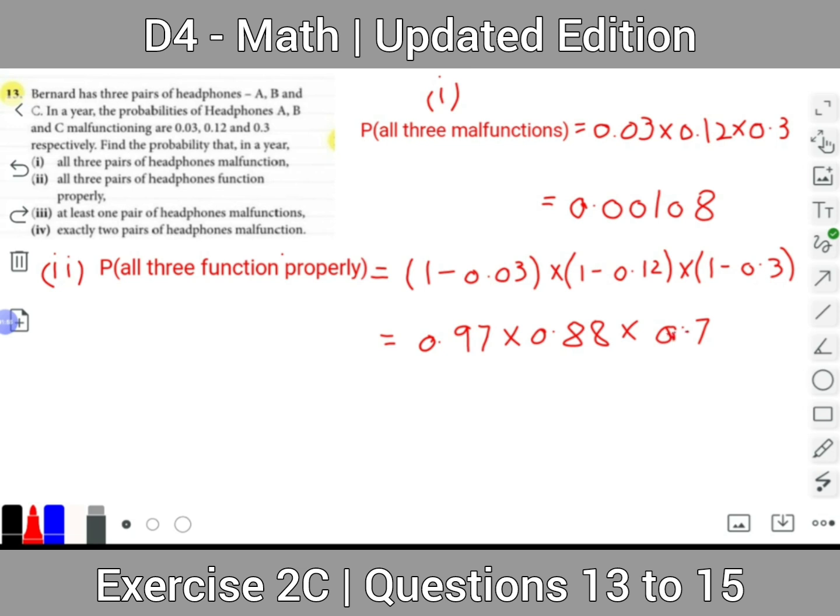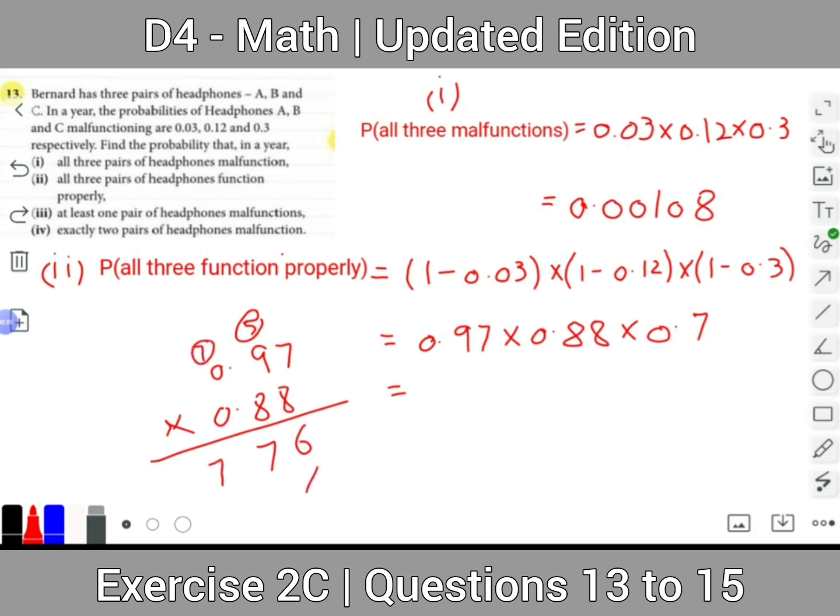So first we will multiply this pair, 0.97 and 0.88. So here we have 8 sevens are 56, and here we have 5. 72 add 5 is 77, and 8 zeros are 0, so here we have 7.